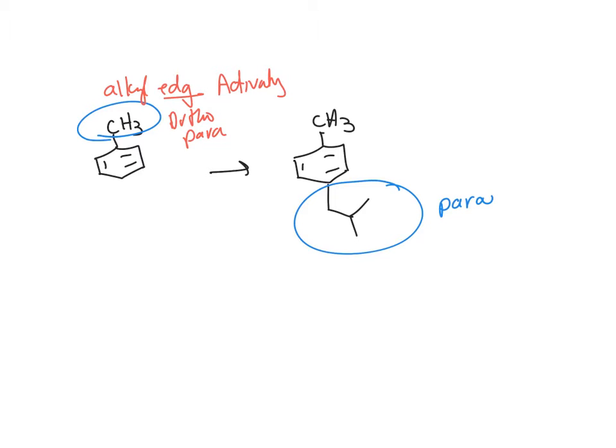Now, you see that this is a secondary carbon. So that carbon's bonded to 2 carbons, and there's no way you can do Friedel-Crafts alkylation. That cannot happen because you get the hydride shift.